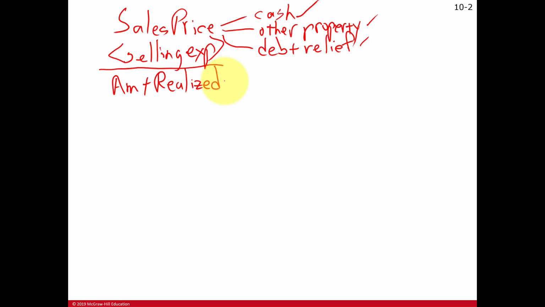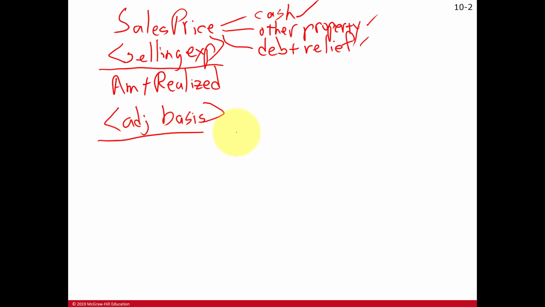Now, from that amount realized, we would subtract out the adjusted basis of the property being disposed of. In the case of what we're disposing of here in chapter 10, it is the adjusted basis of the partner's interest in the partnership, their cost or adjusted basis.